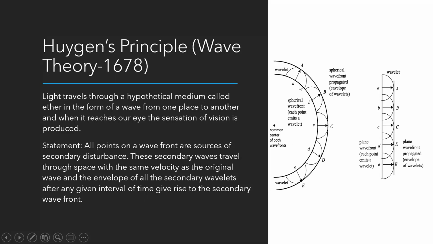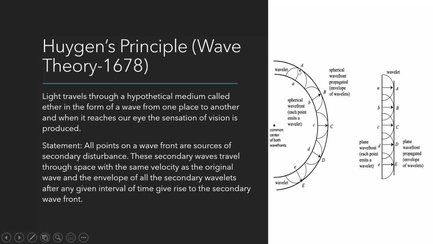Now, all these waves are traveling with the same velocity, right? So, after a small time t, they all must have traveled an equal distance. So, if you make a sphere with the same radius from all these points, you will get small circles like this.